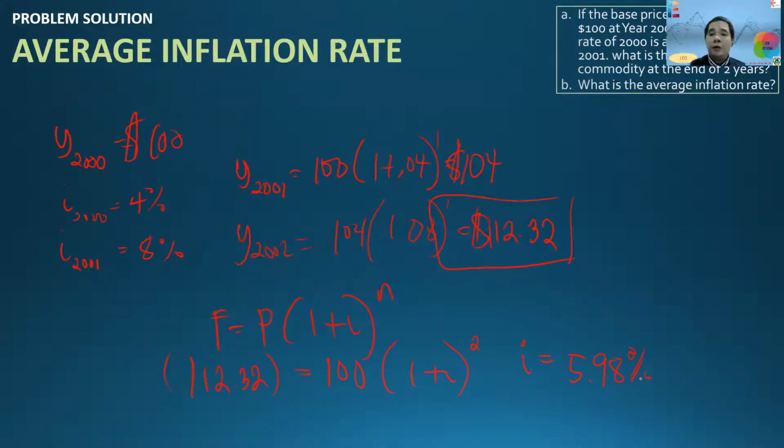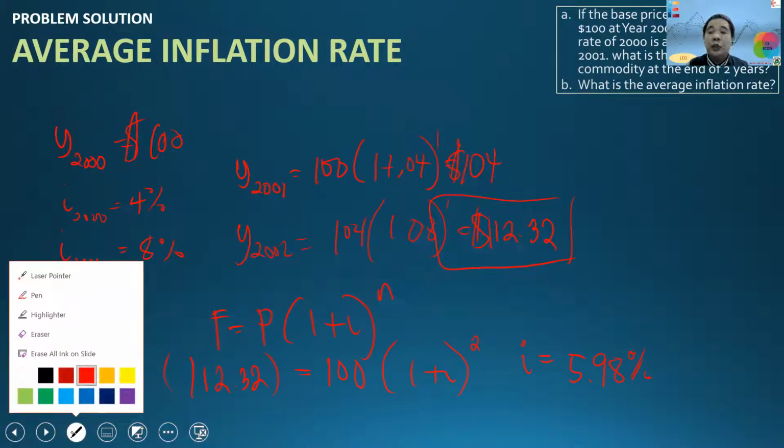So therefore, the average inflation rate for the 2 years is around 5.98. Okay, that means that you can actually solve it the other way around, but this is the basic formula for getting the average inflation rate.